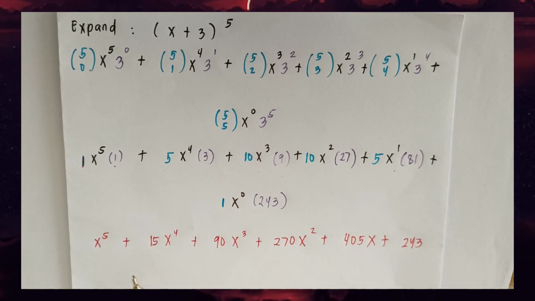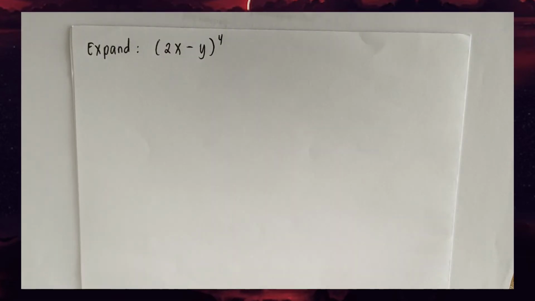The expanded form of x plus 3 raised to 5 is x raised to 5 plus 15x raised to 4 plus 90x cubed plus 270x squared plus 405x plus 243.